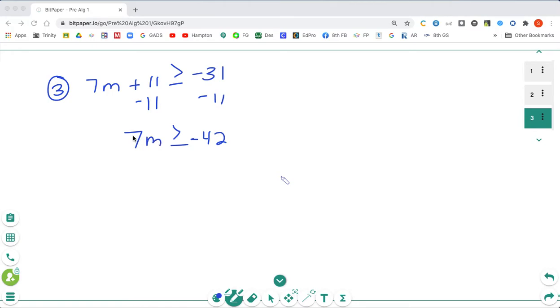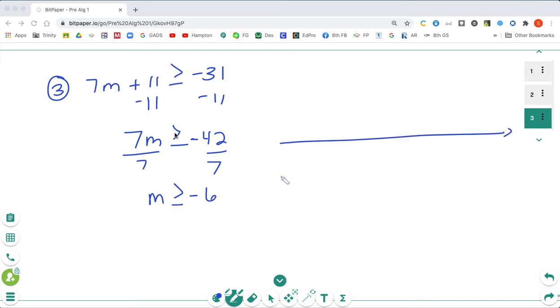It's not. 7 is multiplying the m, so the opposite of multiplying is dividing. Now notice that I only have one negative, and I have to have at least 3 negatives to flip this inequality. So because I do not have 3 minus men appearing, I am not going to flip the inequality. So the m is going to be greater than or equal to -6.